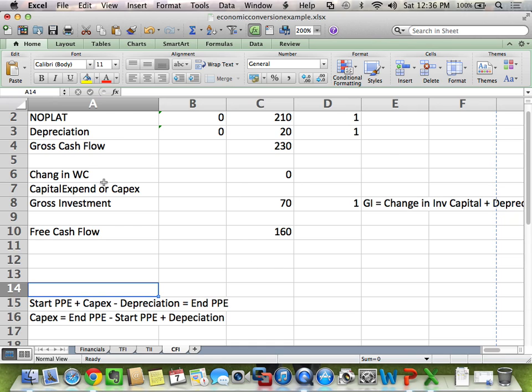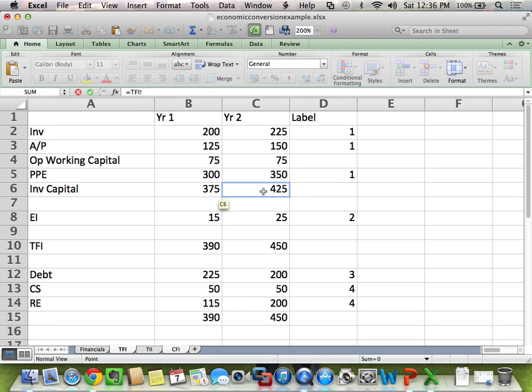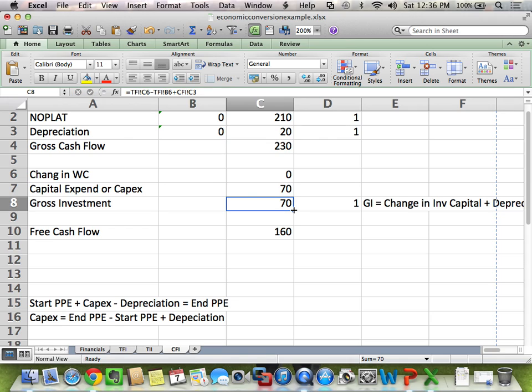What is my capital expenditures? Well, what is my ending PP&E? It is 350. What is my beginning PP&E? It's 300. What is my depreciation? It was 70. Add the two together, gross investment of 70. What is free cash flow? Gross cash flow minus gross investment.